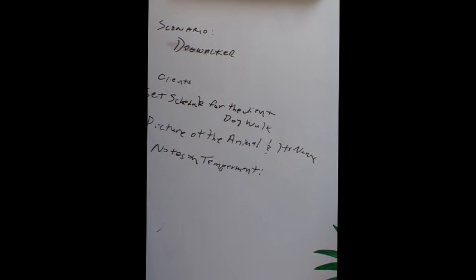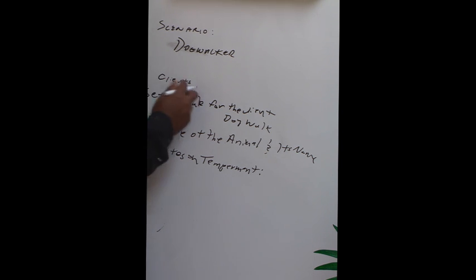Okay? And so this is the first part of the application. Simply show a picture of the animal and its name, and have notes on the temperament, and schedule the client's dog walk. Okay? 3 simple things.